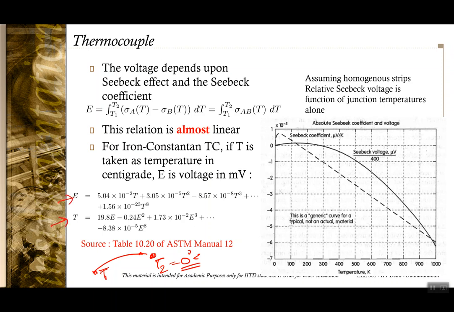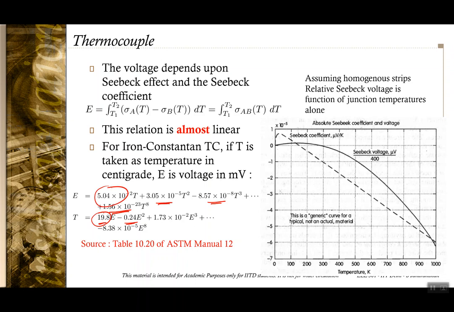Conversely, you can get T from E using this expression, and you can see that the quadratic and higher order terms are orders of magnitude less than the coefficient for the linear term. So this is almost linear.